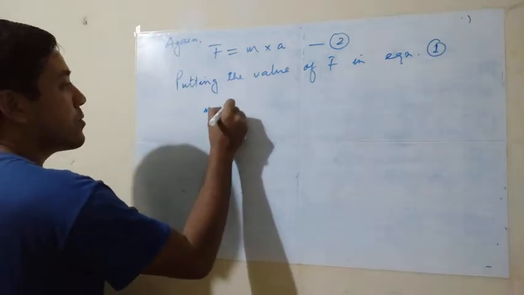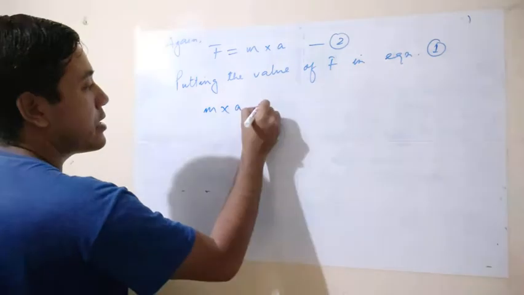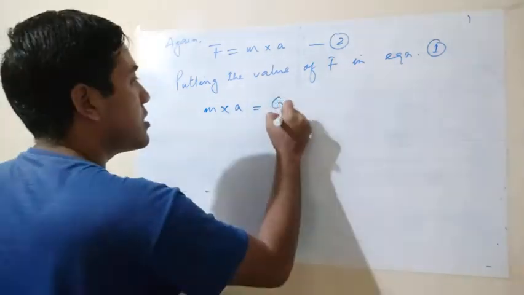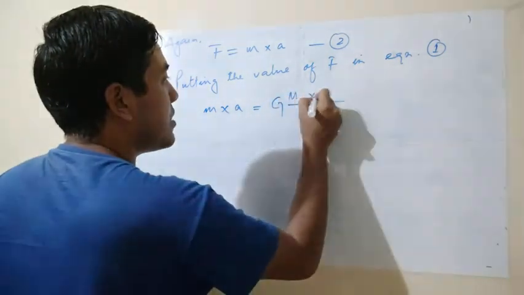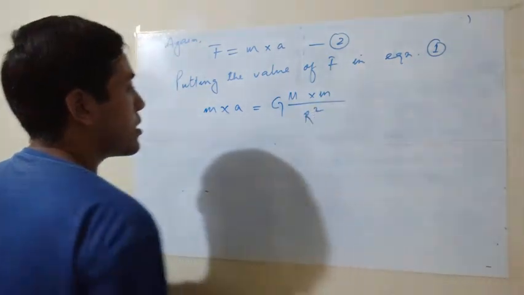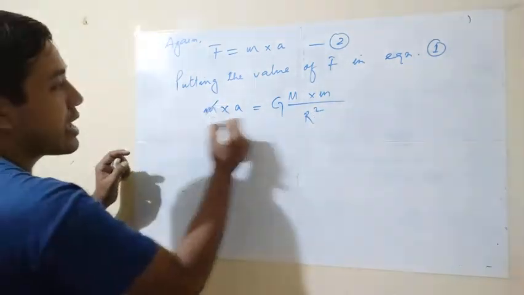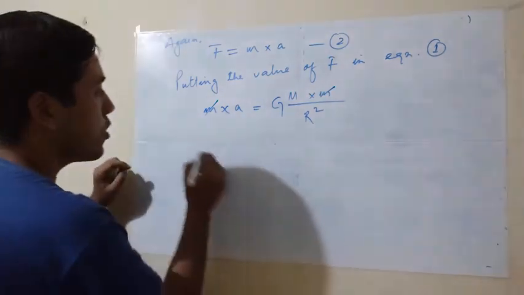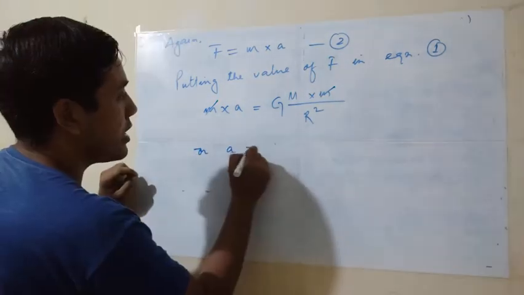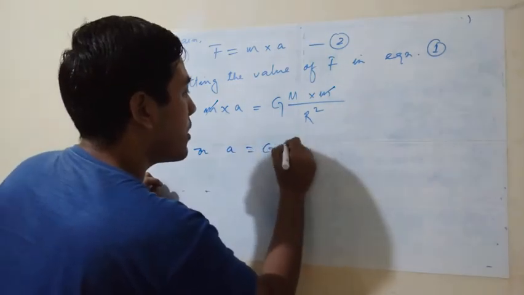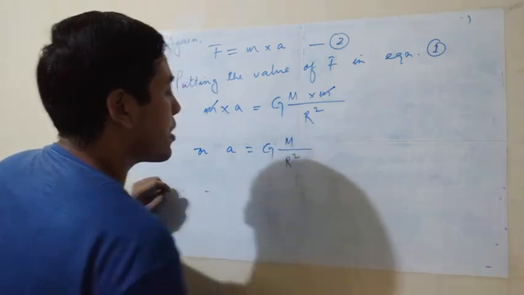In place of F I am writing MA, M into A, that is G of M into M by R square. Can I cancel this M and M? Yes. What remains? A is equal to G of M by R square.